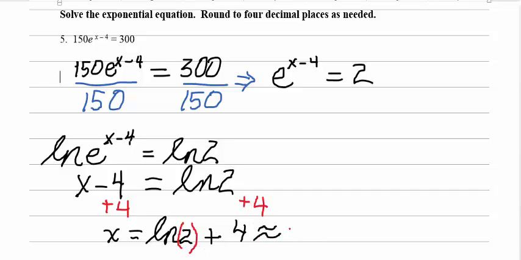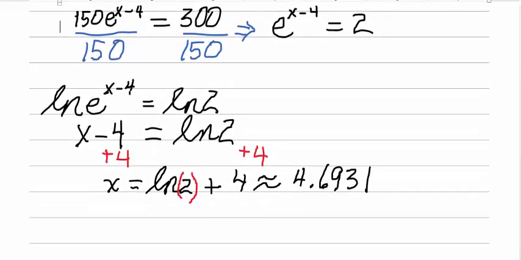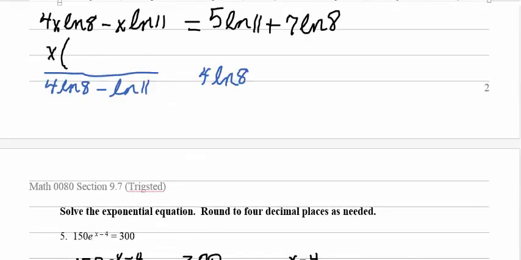And to 4 decimal places, this is 4.6931. And so I could actually test this and check it to see if it's true.